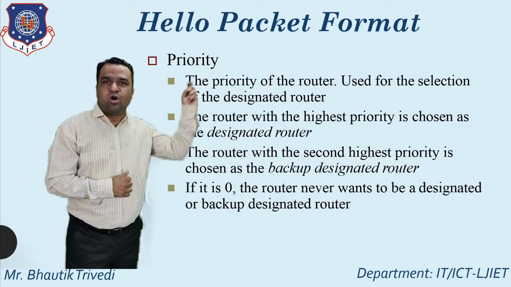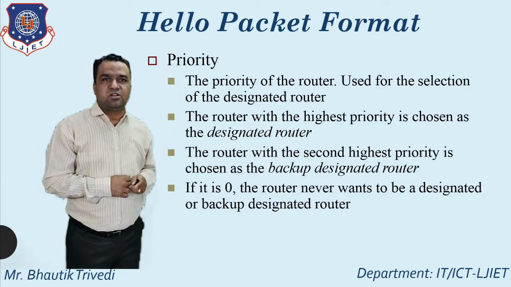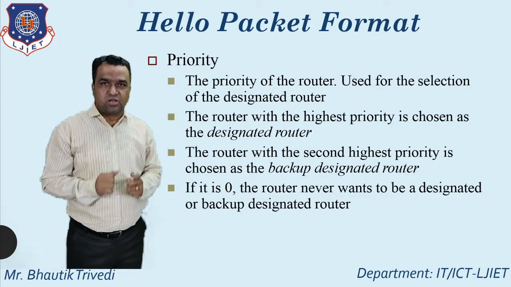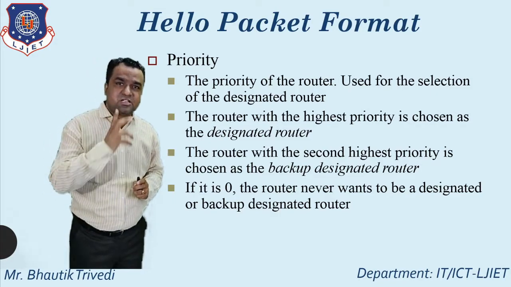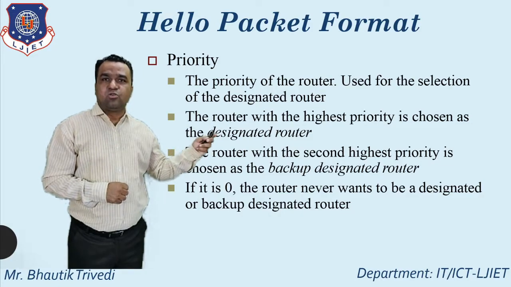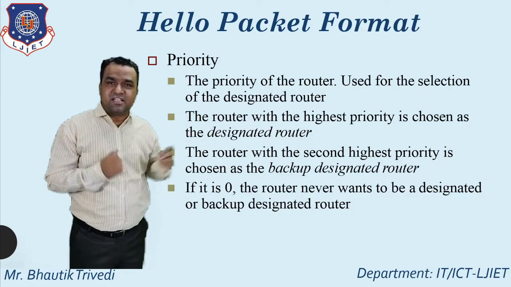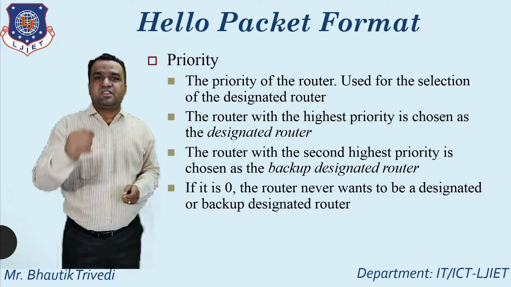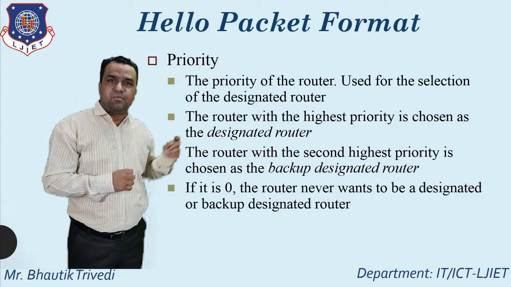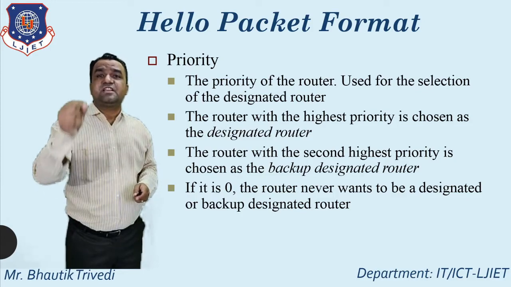Priority is the priority of the router that is used for selection of a designated router. If you set the highest priority for the router, you can directly treat that router as the designated router. The router with the second highest priority is considered the backup designated router.